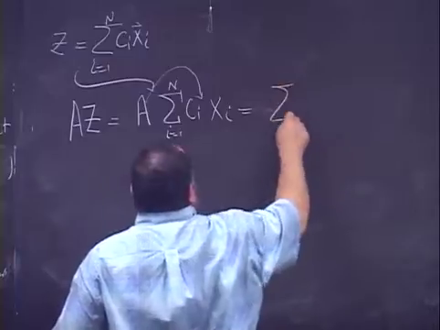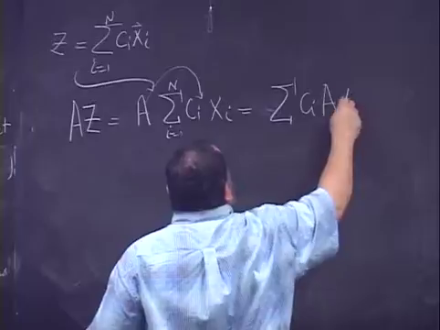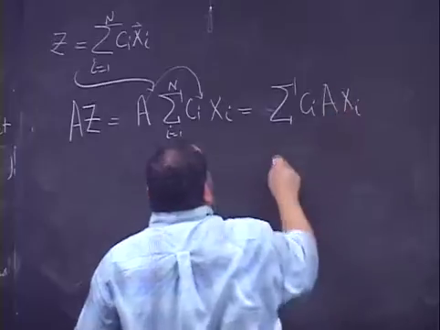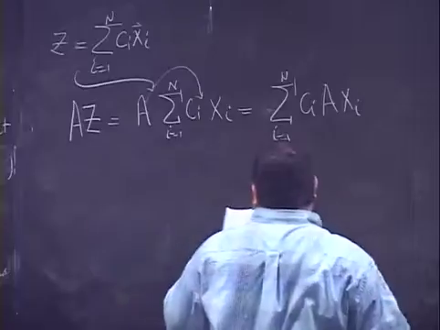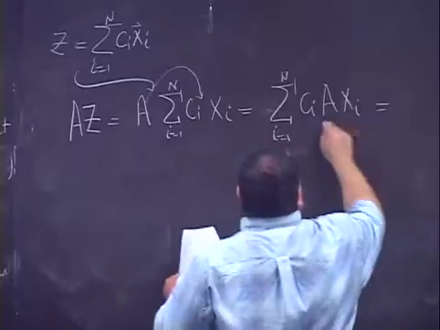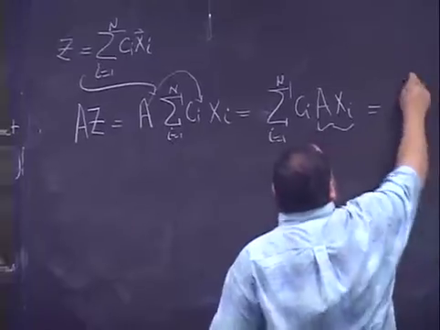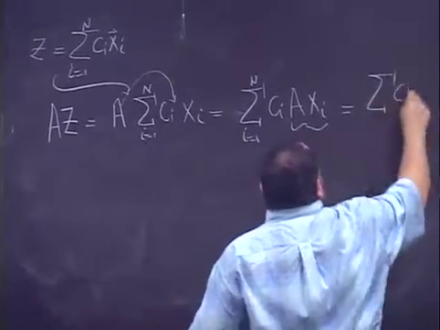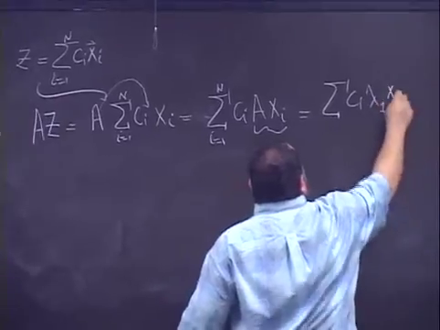This will give you the summation of Ci A xi, and then what's A xi? Ci lambda 1 xi.